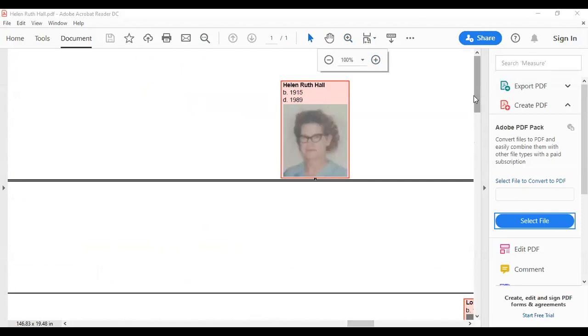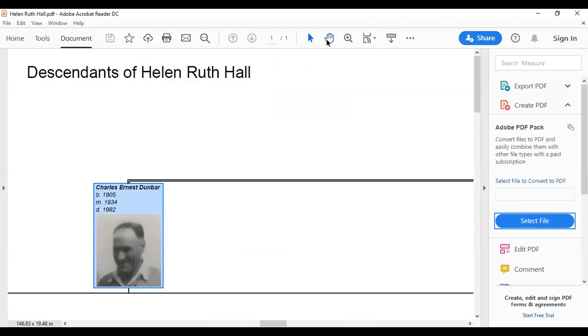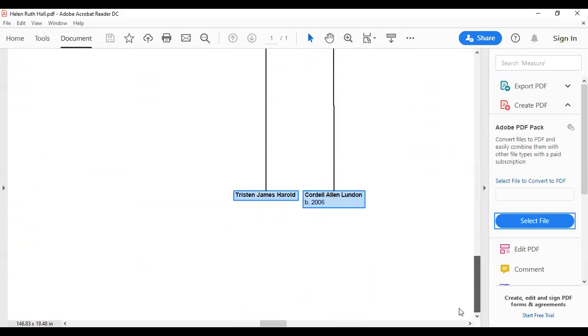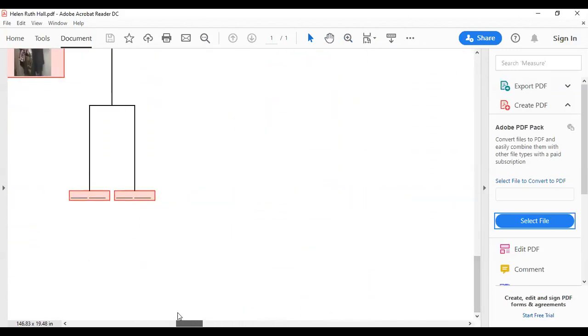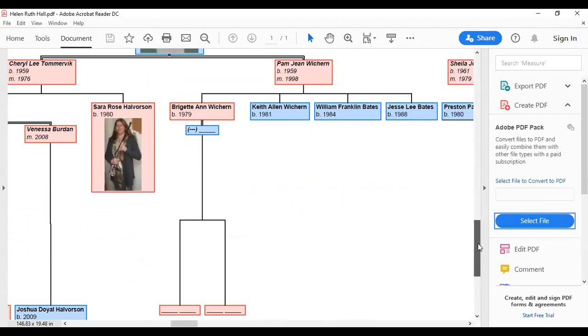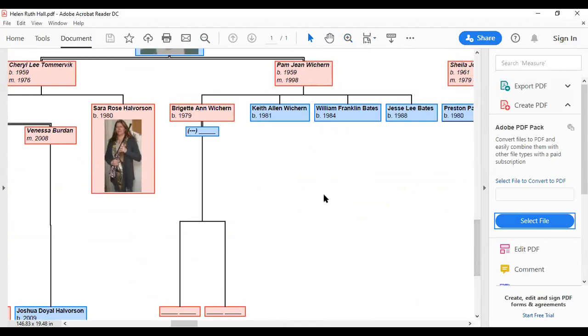I've only got one great aunt left, and I found out she agreed to do a DNA test. So as soon as this lockdown's over, I'll be able to get the kit to her. This one I don't have a lot of pictures on it, I didn't put any pictures just to save space.